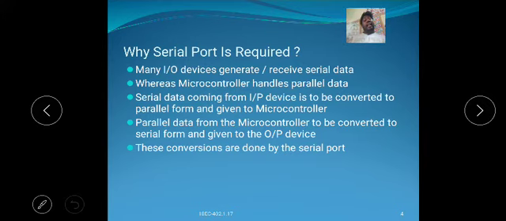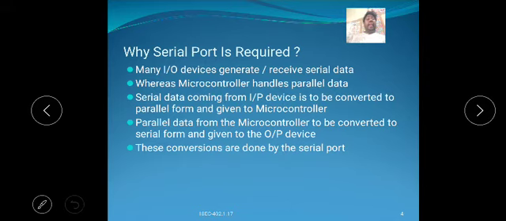The serial data coming from the input device is converted into parallel form and given to the microcontroller.